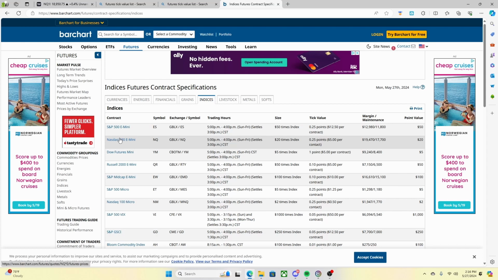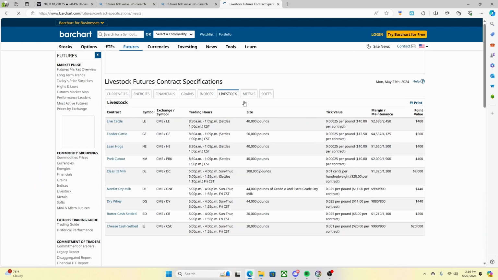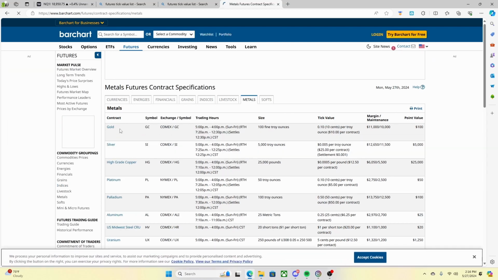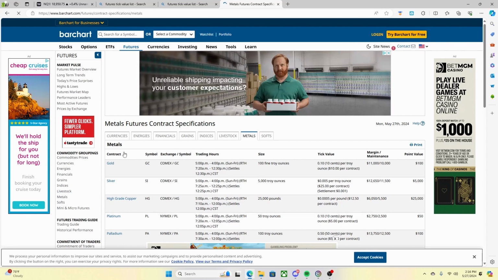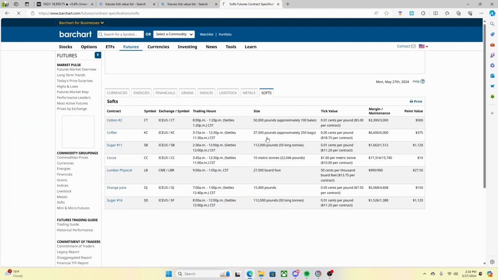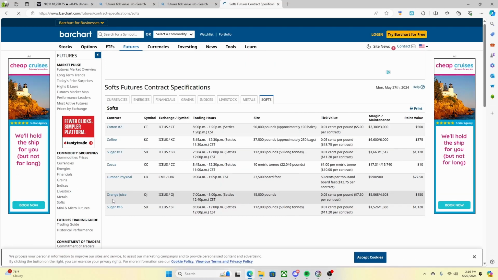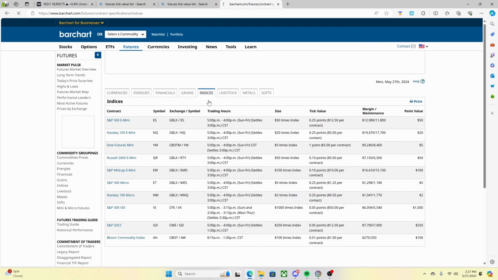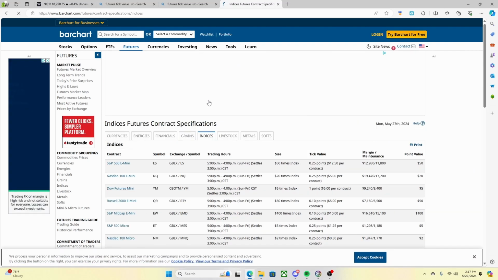That's what I'll be covering because that's the only thing I trade futures with. But you could also trade livestock, I guess, and metals. Metals are popular: platinum, gold, silver. Softs, like orange juice. You could trade orange juice if you wanted to. I wouldn't recommend it, but you could give it a shot, I guess.